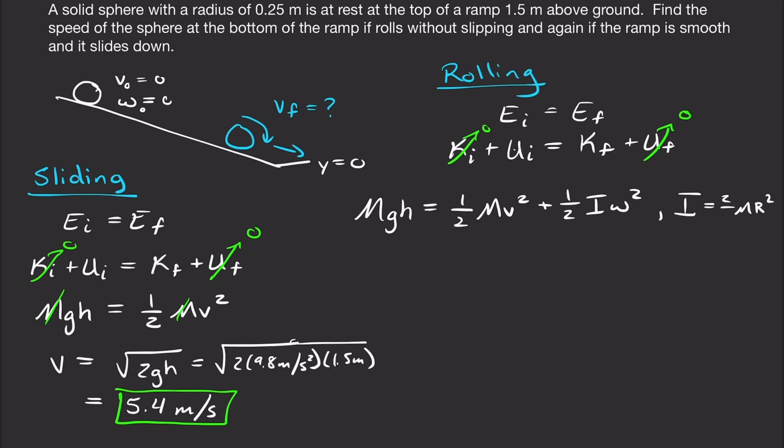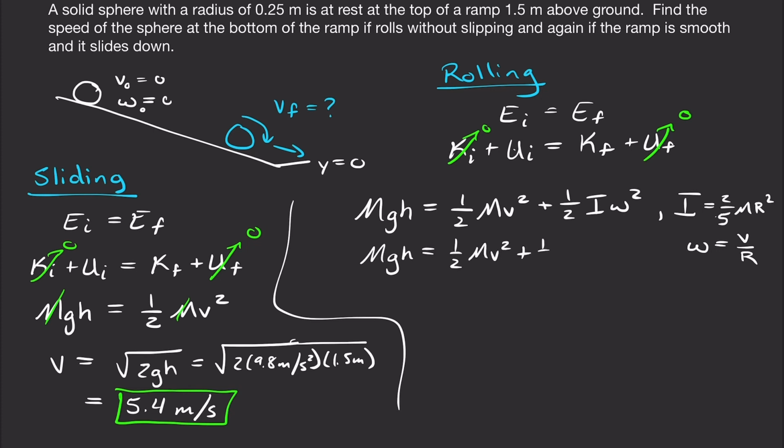And we're also going to use the fact that omega is v over r, like we've done in previous problems, and we're going to substitute. So we get mgh equals 1/2 mv squared plus 1/2 times 2/5 mr squared, and then our omega squared would be v squared over r squared.